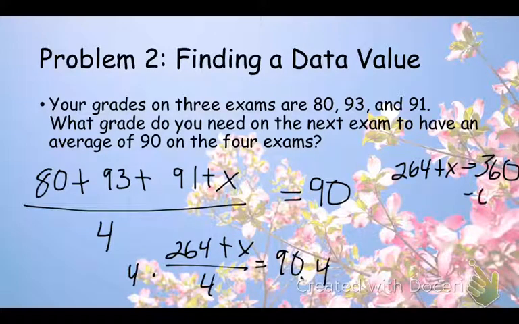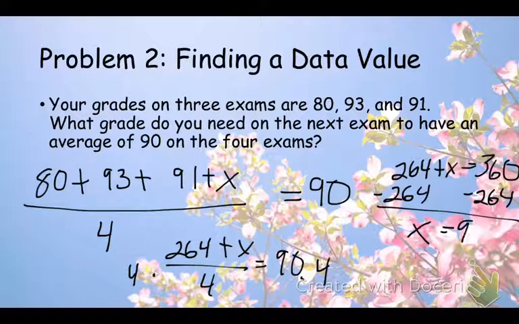Subtract 264 from both sides, and get X equals 96. So in order for this particular person to get an average of 90 on their tests, they need to get a 96 on this 4th exam.